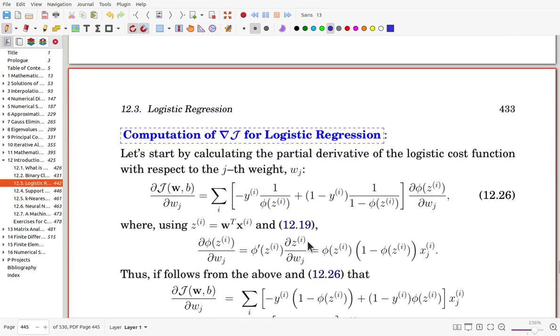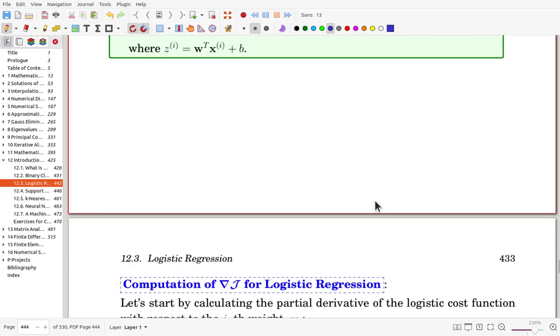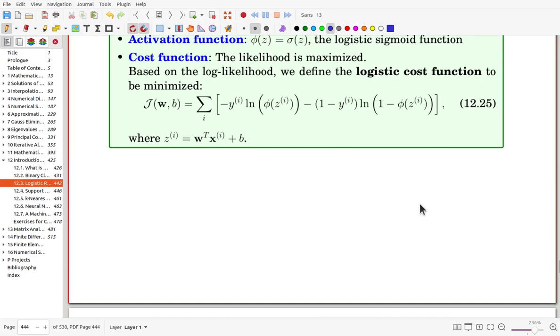Now, if we try to use the gradient descent method, we have to compute the gradient. For this function, it's easy to get the gradient. Here we will not go into the detail, but you can check it quite easily. First we take the derivative with respect to W_j. Quite easy to get. Let's see over there.